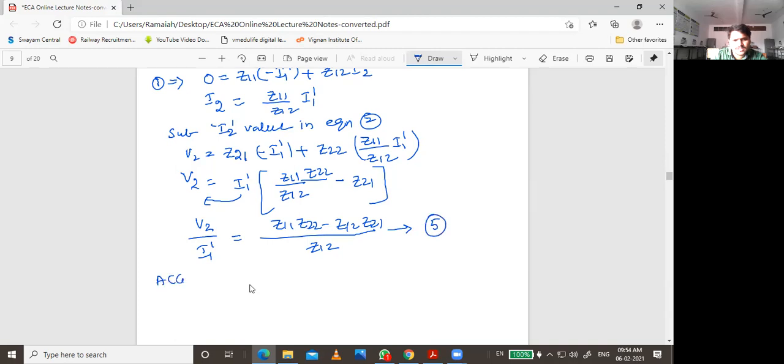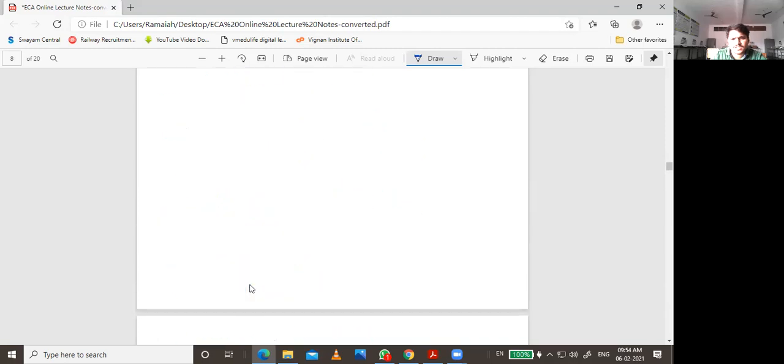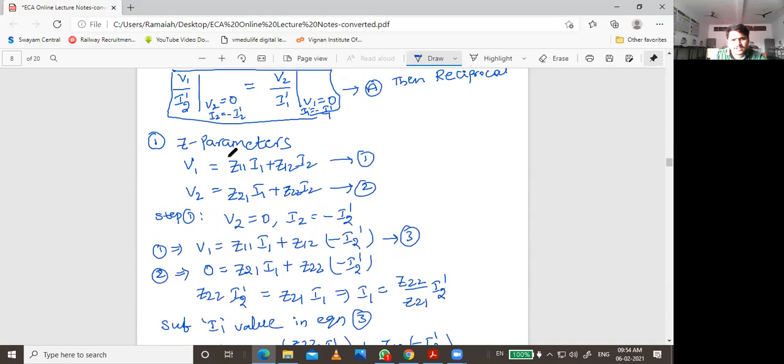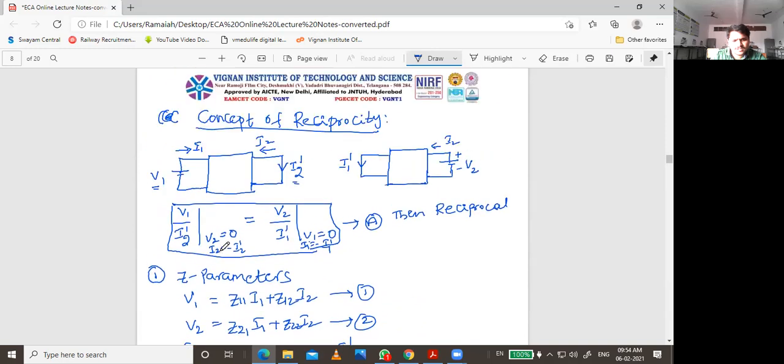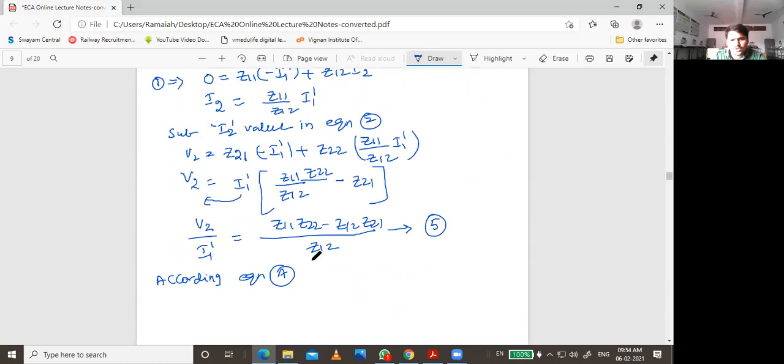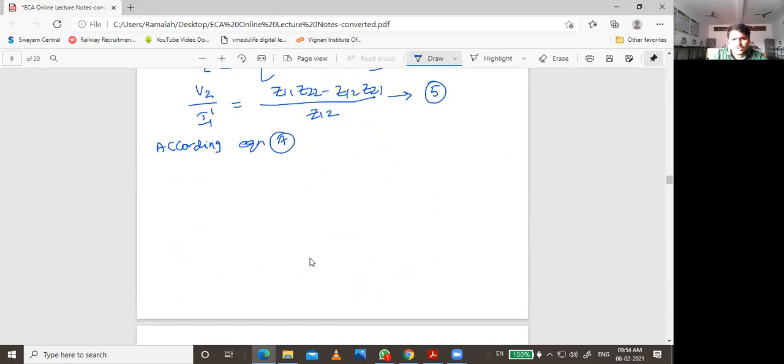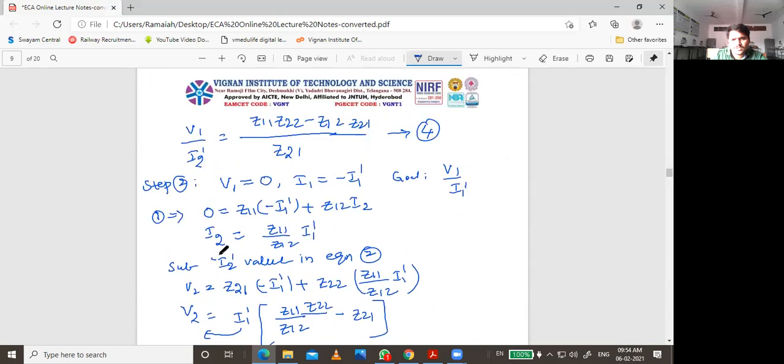So what is the condition for reciprocity? According to equation A, the condition for reciprocity is V1 by I2 dash when V2 equal to 0 is equal to V2 by I1 dash when V1 equal to 0. So according to equation A, equation 4 must be equal to equation 5. What is equation 4?